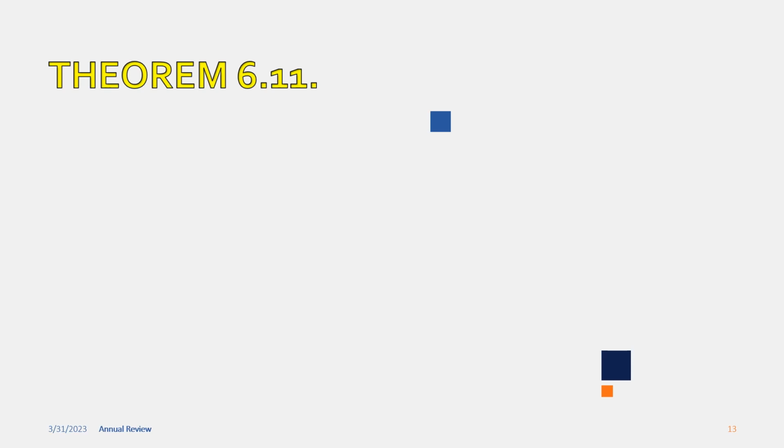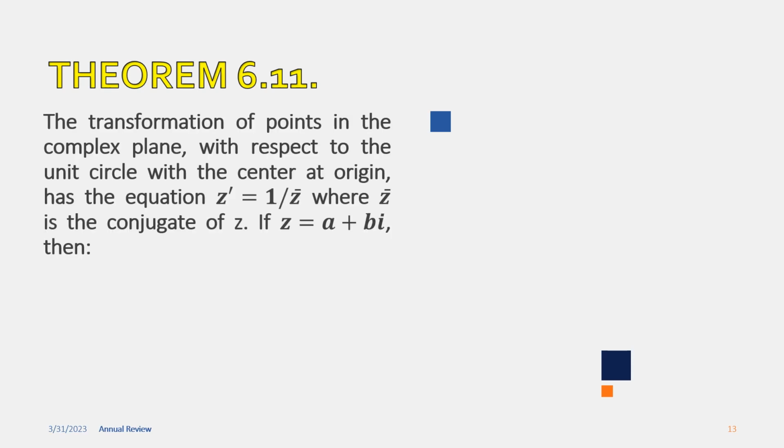Another theorem that I'm going to introduce to you is theorem 6.11, wherein it is stated that the transformation of points in the complex plane with respect to the unit circle with the center at the origin has the equation z prime is equal to 1 over z bar, where z bar is the conjugate of z.